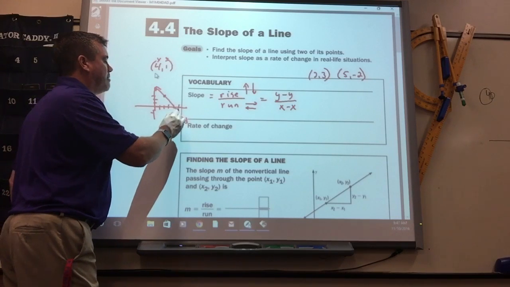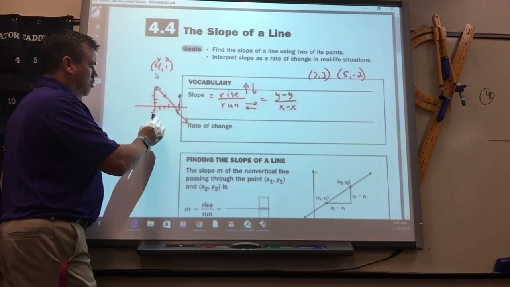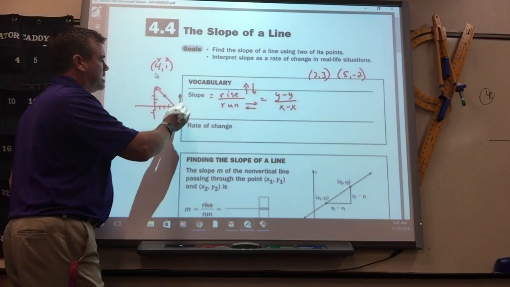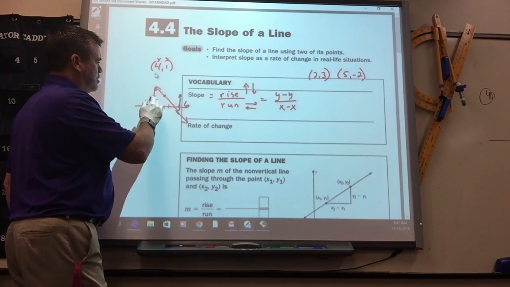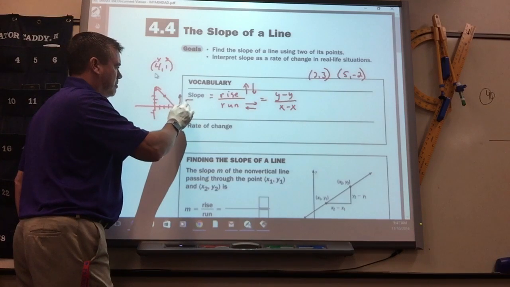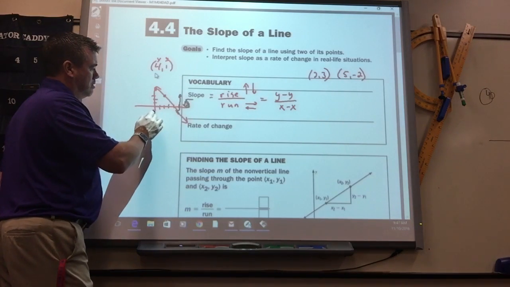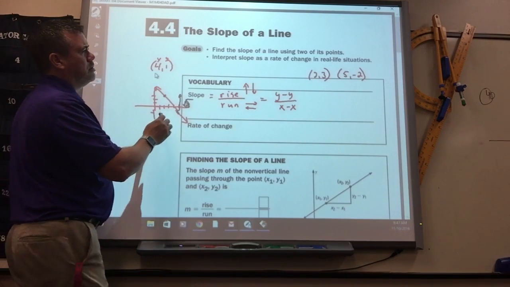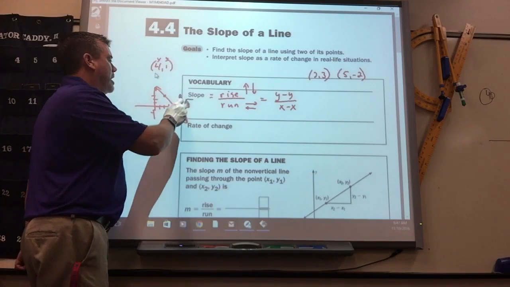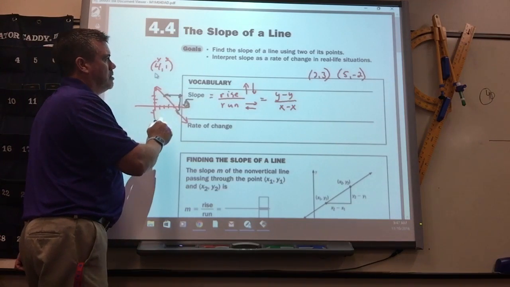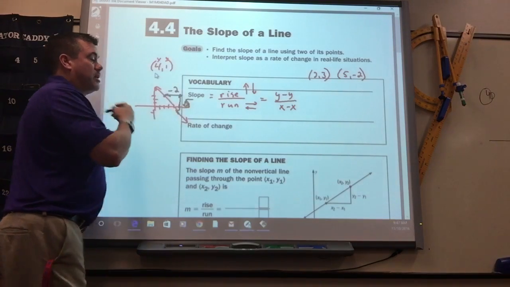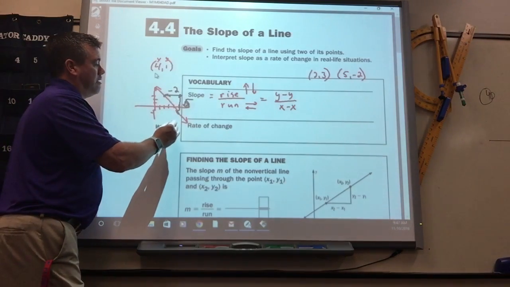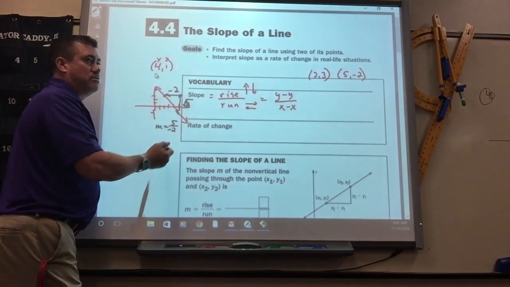If I start here, I go up 5, and then I got to go left 3. That's negative 3. So this slope would be 5 over negative 3.